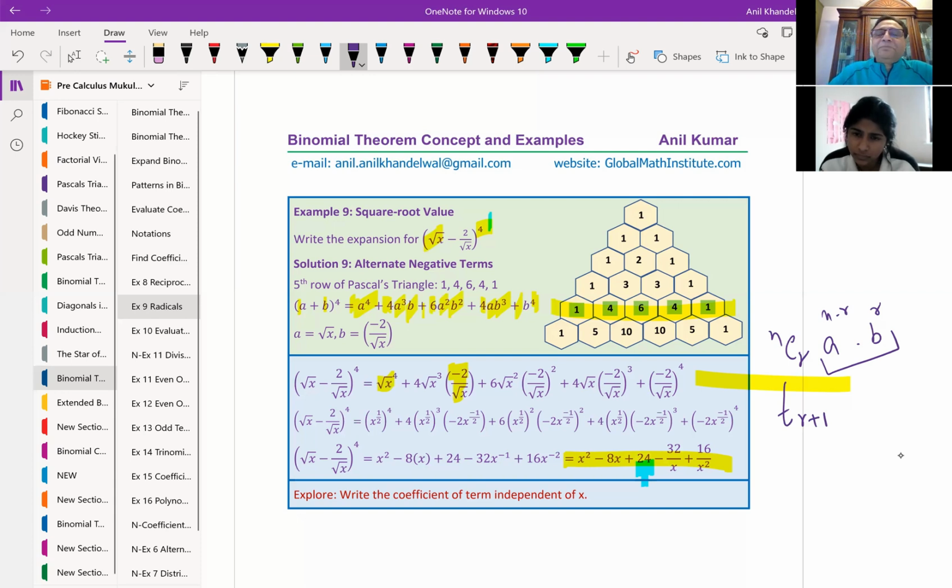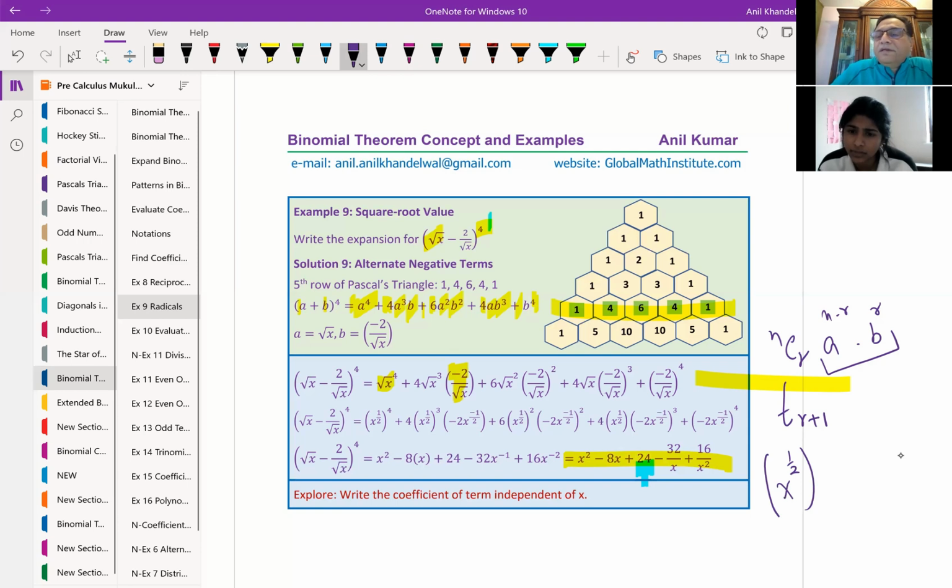So we'll take up an example in that particular case. The exponent of x should be 0, because x to the power of 0 is 1. So in this particular case, you really don't know what is r, but you know that a is square root of x. So you can say x to the power of half, that is square root of x, a, right?